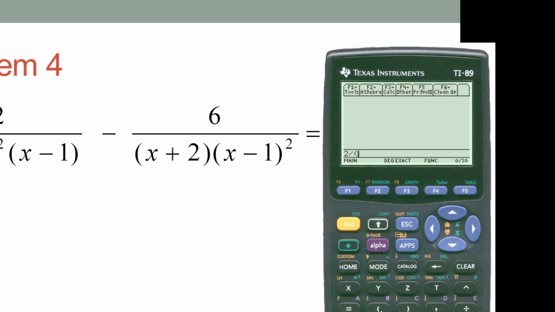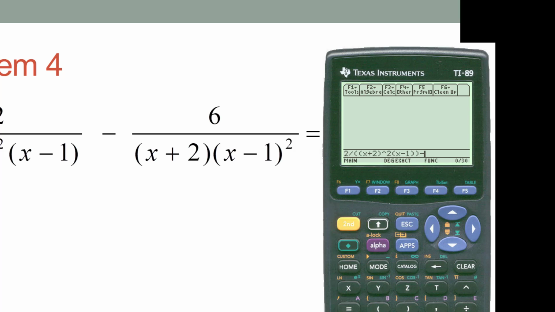So parentheses again, and then x plus 2, close parentheses, and that's to the second power. And then parentheses again, and then it's x minus 1, close parentheses, and then close the main parentheses.